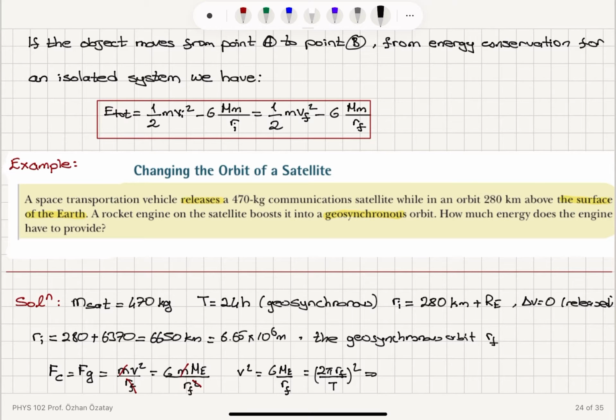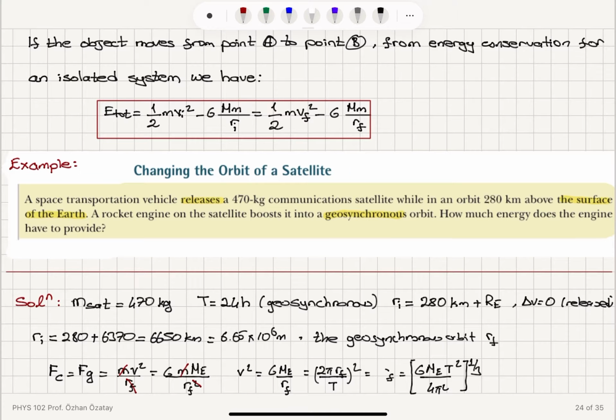So I find that the final orbit will have G M E T squared over 4 pi squared, to the power 1 over 3, radial distance from the center of the Earth.